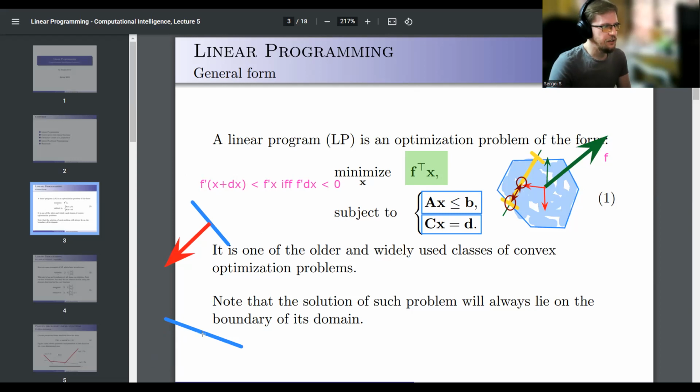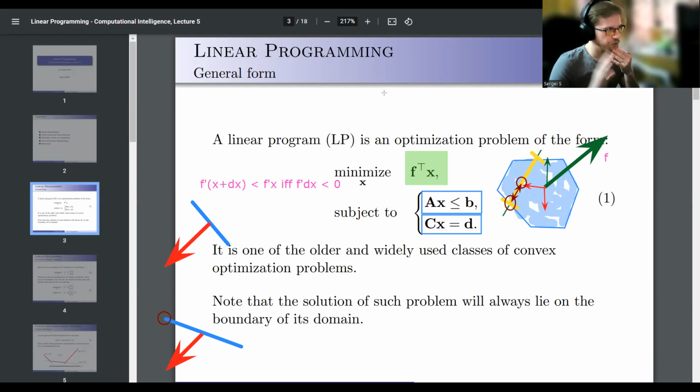In this case, the solution would lie on the boundary, because as long as we're on the boundary, we cannot pick any delta x which would further go away. So we cannot do plus delta x. We can only put minus delta x. All right, so the solution can only lie on the boundary. That is what I was trying to say.